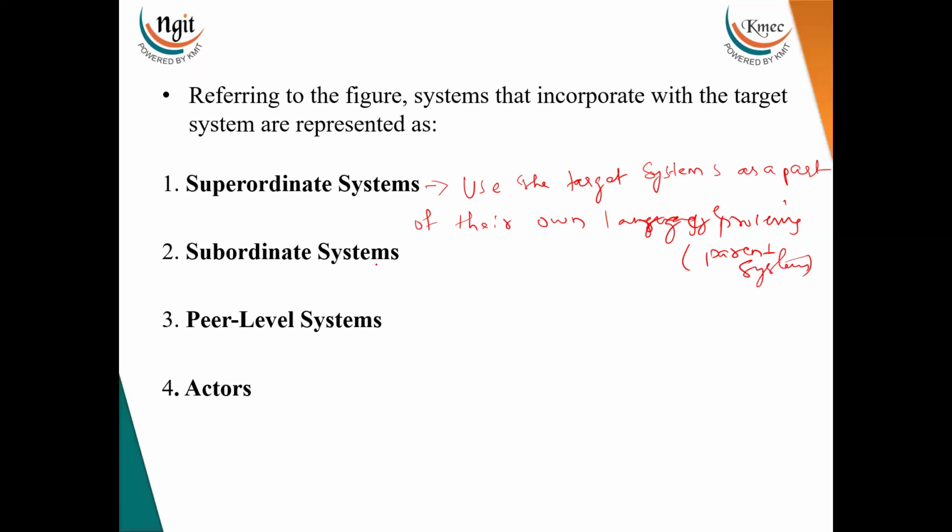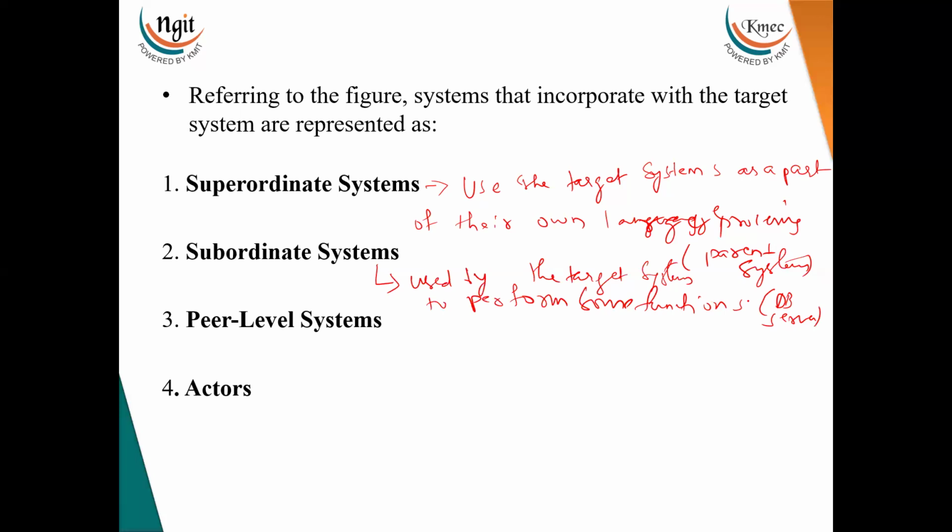Then the next one is subordinate systems. Subordinate systems are used by the target system to perform some functions, like a database server, etc. Okay. Then we have peer systems.